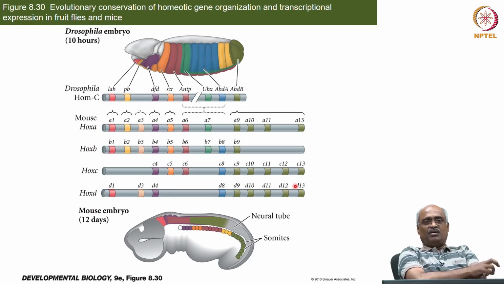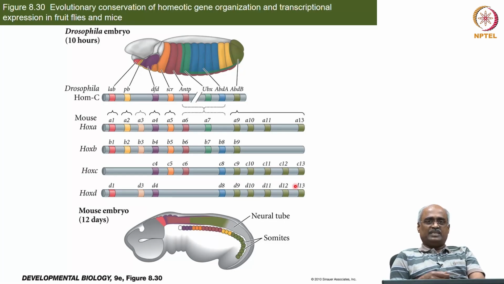That is, Hox genes present near the 5 prime most part of the chromosome specify the anterior most structures in the anterior posterior axis, sorry, and similarly the posterior most structures are specified by Hox genes that are located 3 prime most on the chromosome. So that is the collinearity of their presence in the chromosome and their action along the anterior posterior axis.